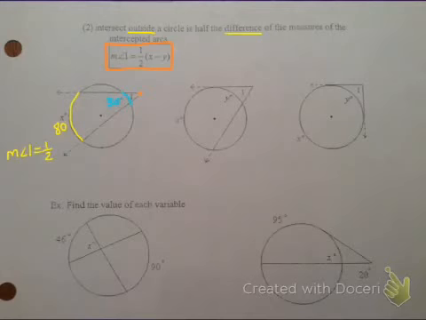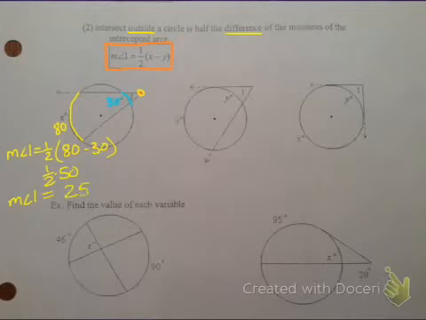Since the intersection is outside, I want to do the difference of the two. Make sure you do the bigger arc minus the smaller arc. So 80 minus 30 is 50, and half of 50 is 25. So the measure of angle 1 is 25 degrees.